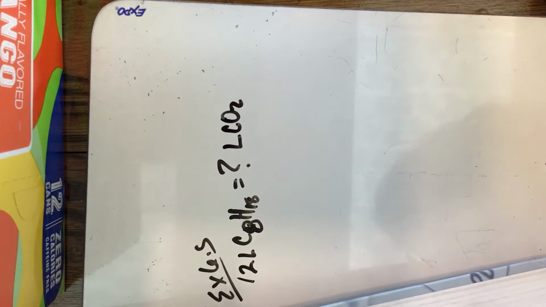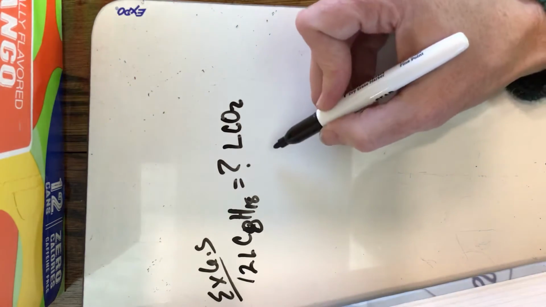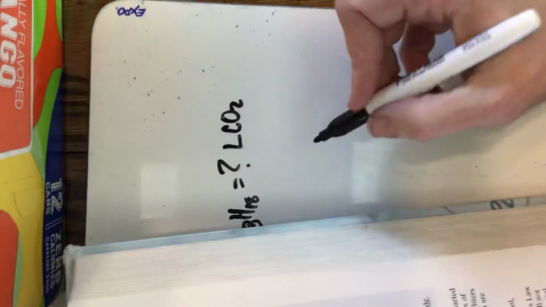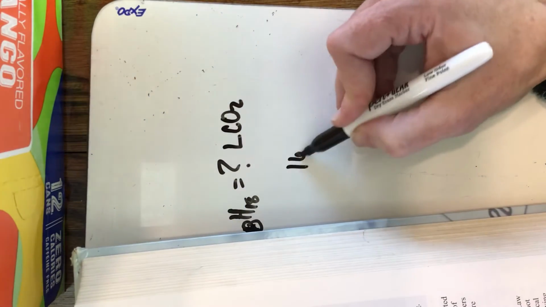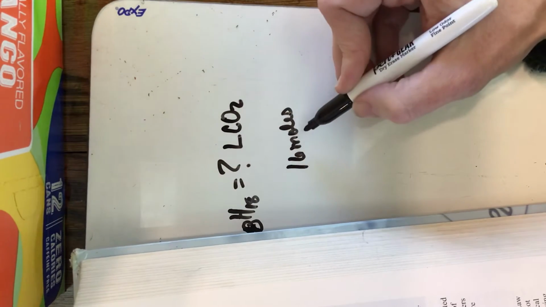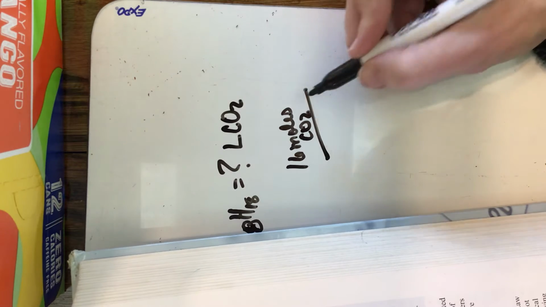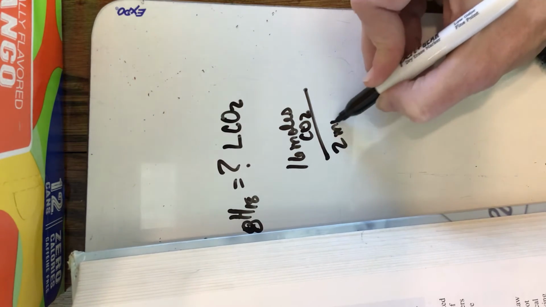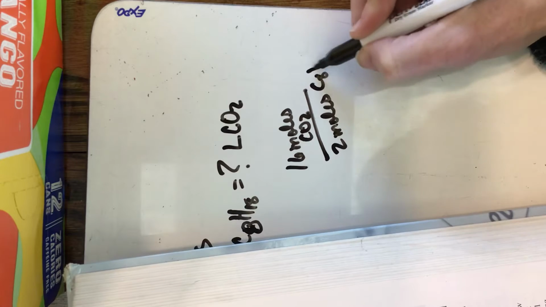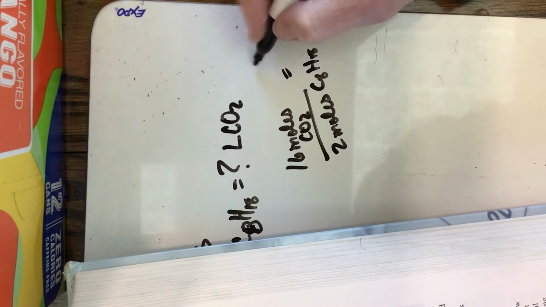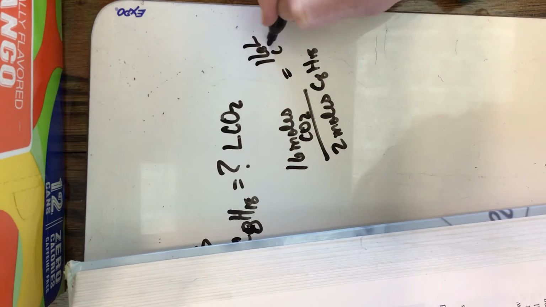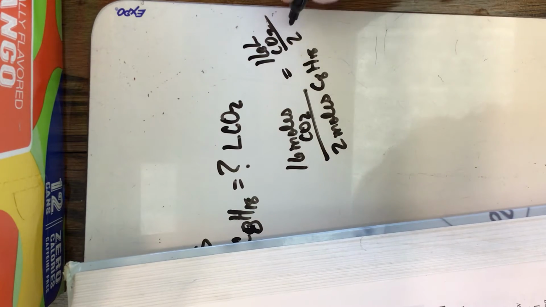I kind of told the kids there's two ways you can do that. You can use that if 16 moles of CO2 go with 2 moles of the C8H18, then you can also say 16 liters of CO2 goes with 2 liters of C8H18.